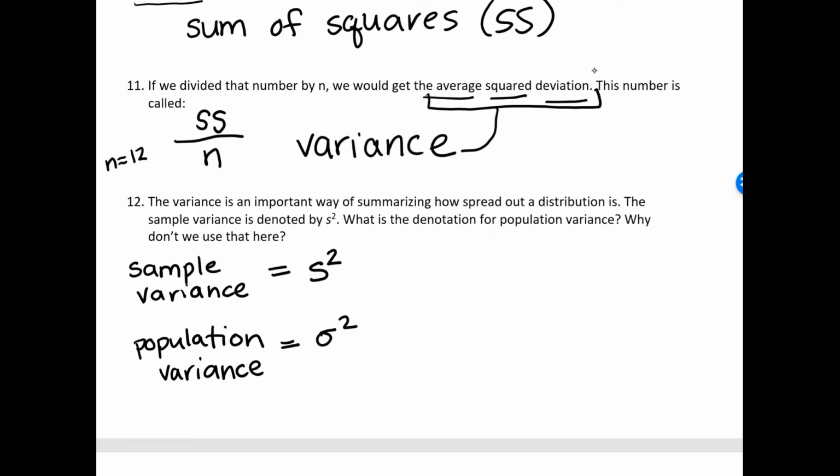Now, the population variance can only be calculated if we have data for the entire population, which usually is not the case. The reason this is important is that the formulas for these two variances are slightly different.